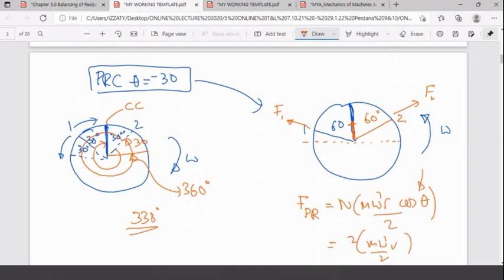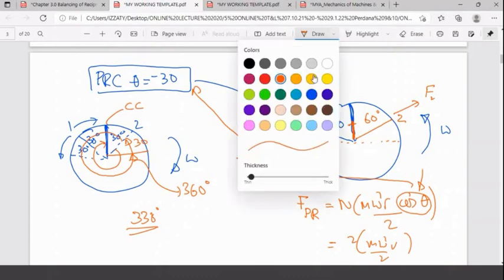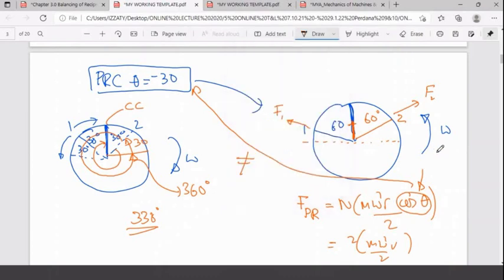This cos theta, remember, is nothing to do with the earlier one. It's not equal to that one. This cos theta is basically due to the unbalanced position of the cylinder. So if you put this one at 60 degrees, for example, then cos theta is basically cos 60 degrees.